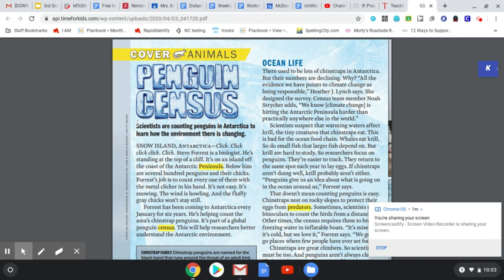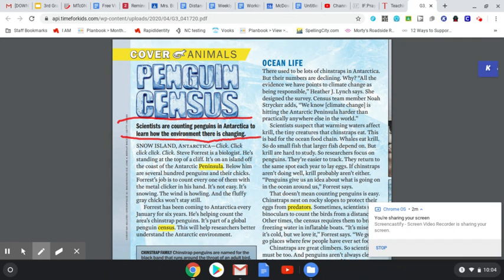The first really important text feature that I see is this big giant title at the top, this big heading that says Penguin Census. A lot of you might not know what that word census means, but I see below here another really bolded, dark heading that I want to make sure I read because it's caught my eye.